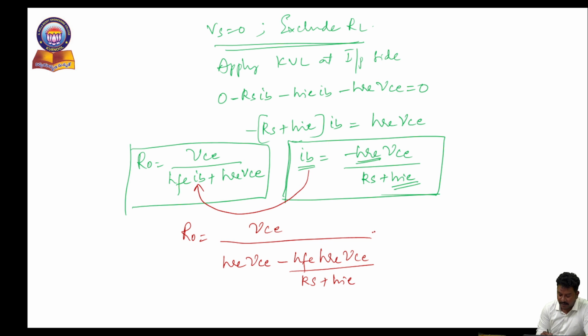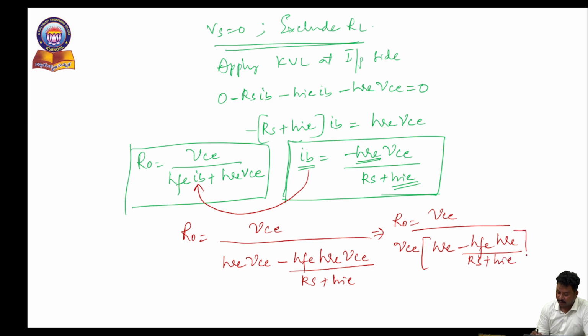From this we will do a little more simplification. In the numerator I am taking VCE as common, and in the denominator also I am taking VCE as common. Then HRE minus HFE HRE by RS plus HIE, so that these two are cancelled.